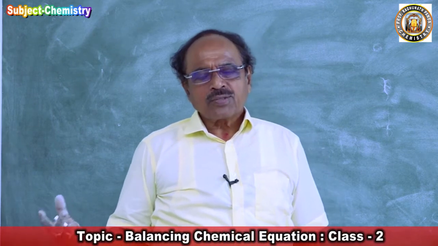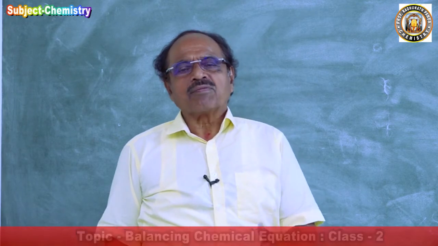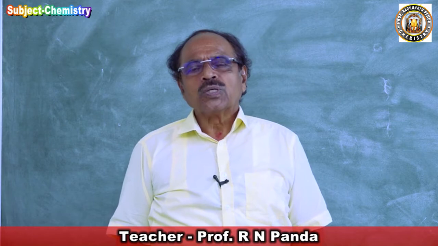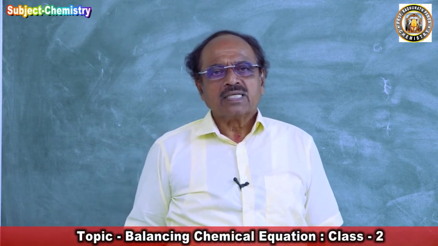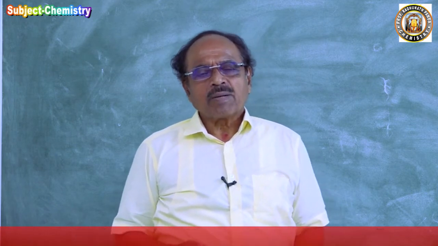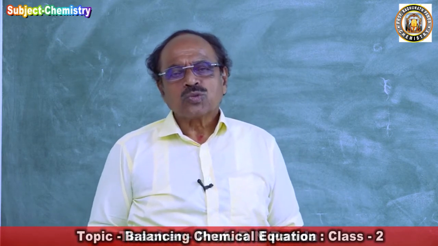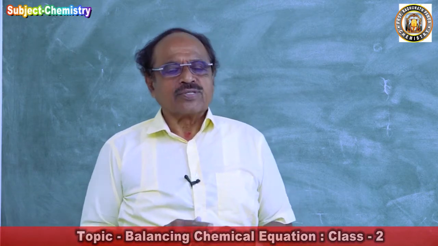There are 2 atoms of oxygen in the product and 1 atom of oxygen I have written. So I write C plus 2O giving CO2. That means I multiply by simple whole numbers wherever required to make the number of atoms of reactant equal to the number of atoms formed as product. Now this is my atomic equation.